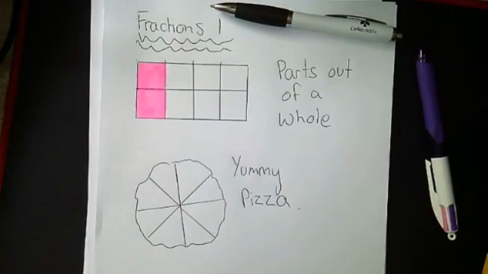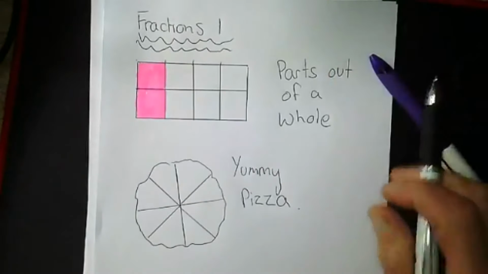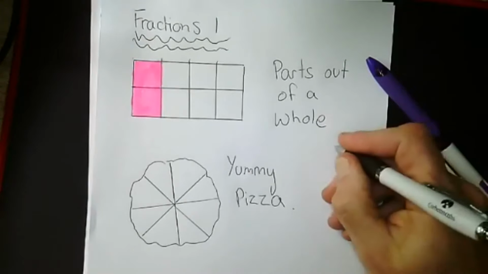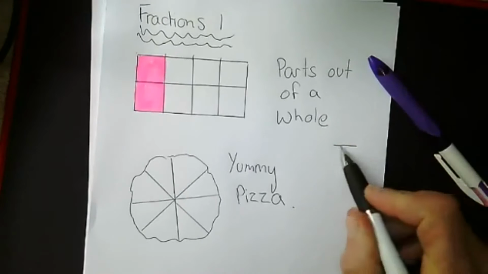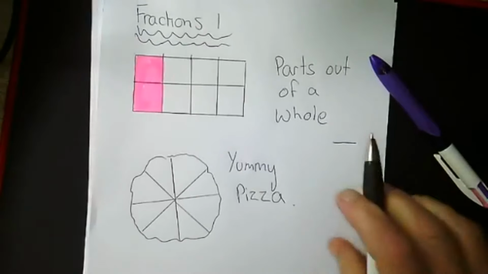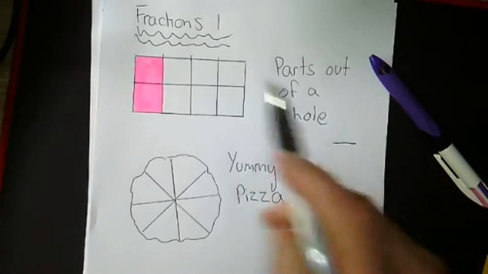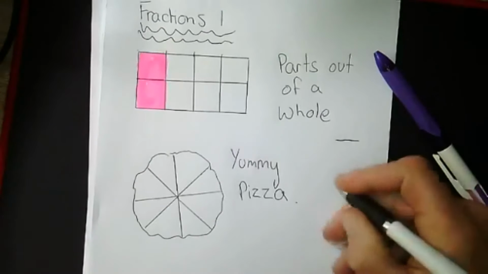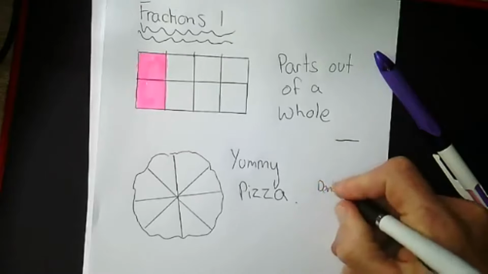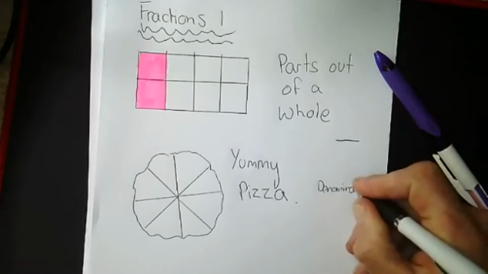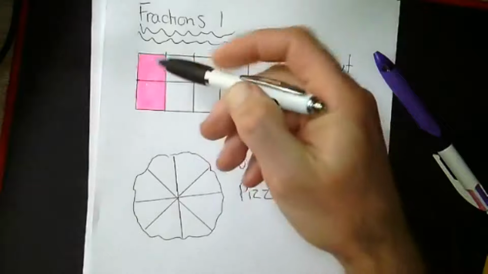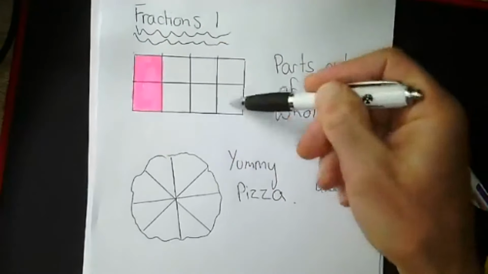When we're talking about fractions, I'm going to discuss the lower number of the fraction first. We've got the line, and this lower number is the number of parts the whole has been split up into. That's referred to as a denominator. It's just a fancy name for the number of parts that the whole shape has been split into. So looking at this, 1, 2, 3, 4, 5, 6, 7, 8.